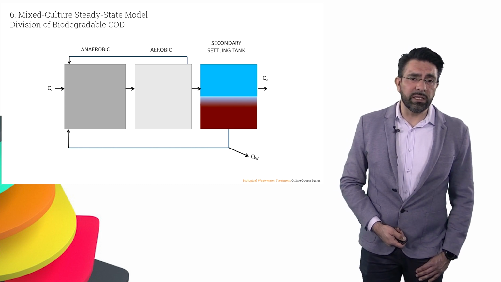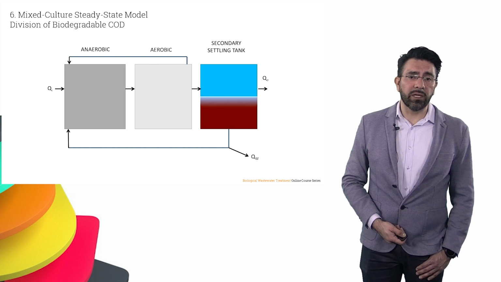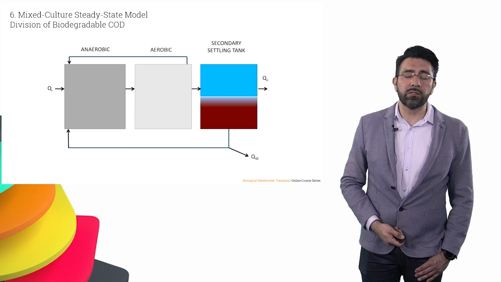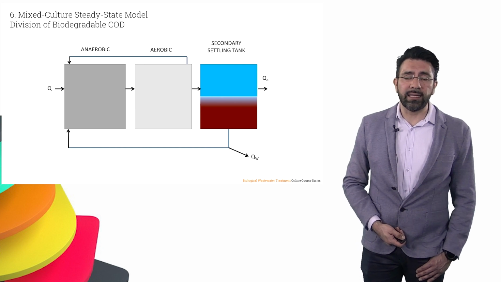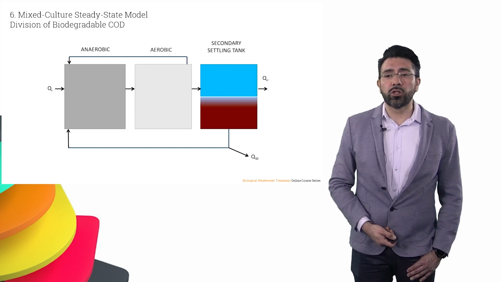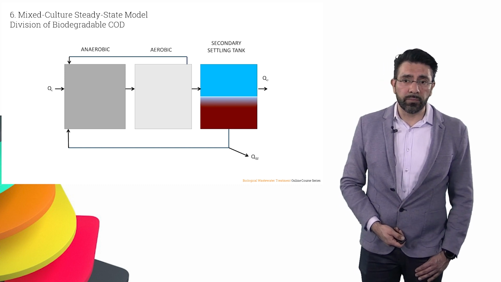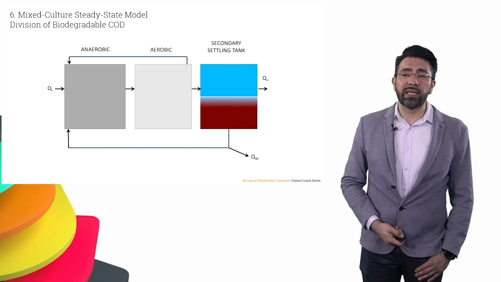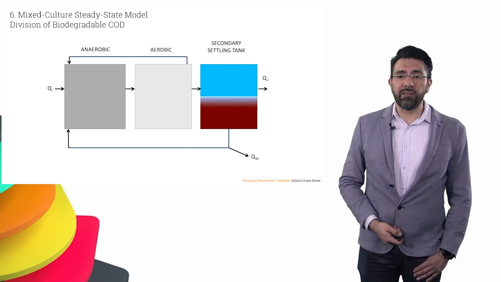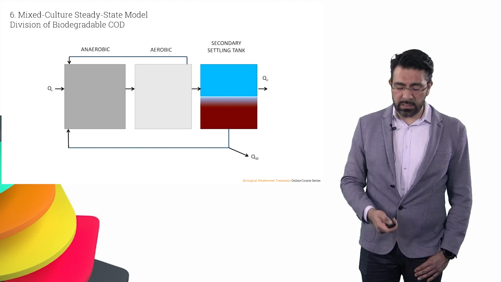We can see that the influent is discharged into the anaerobic reactor. The sludge is alternatively recirculated through the anaerobic and aerobic stages, but also returning from the bottom of the secondary settling tank straight to the anaerobic reactor. These conditions will create different effects on the way the biodegradable COD is split.